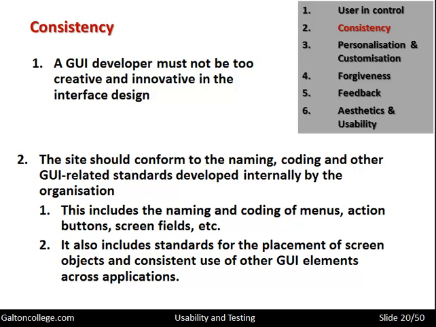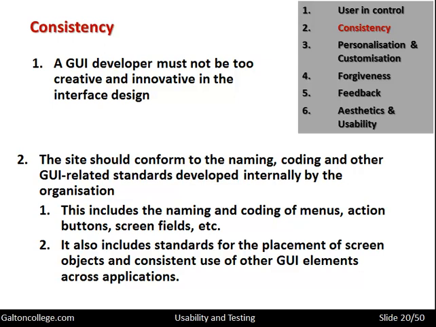Now the second point here is the site should conform to the naming, coding and other GUI related standards developed internally by the organization. It's important that the organization is able to check the site and update the site, and that there are standards by which it's able to find its way around its own site.